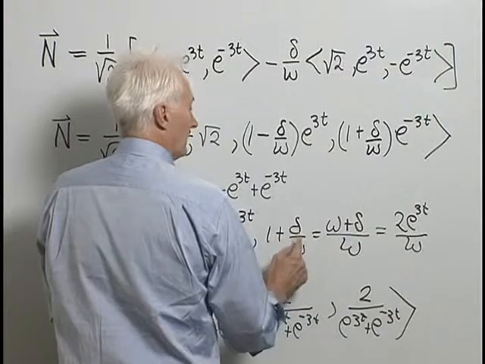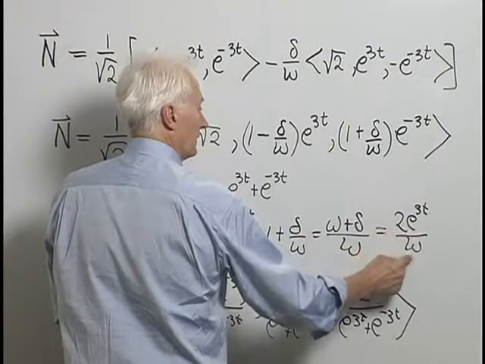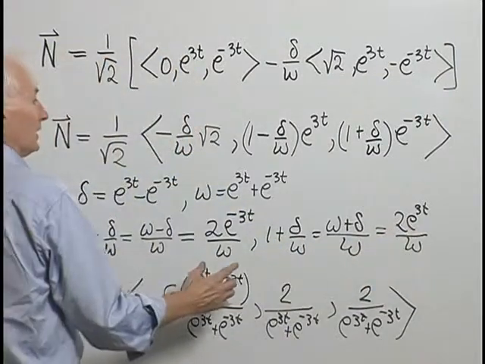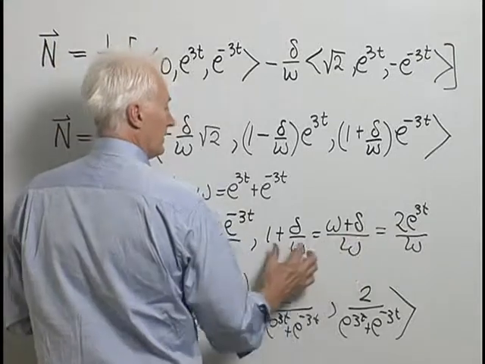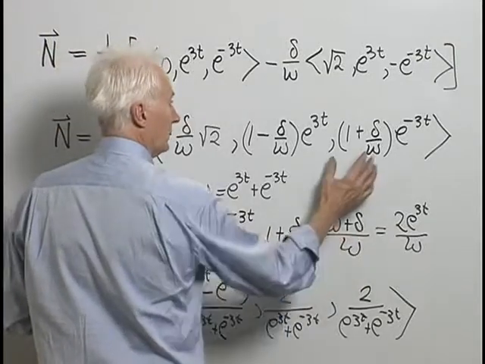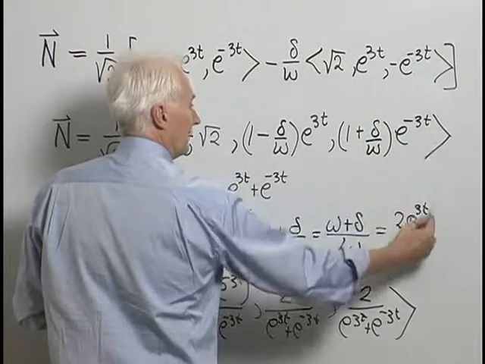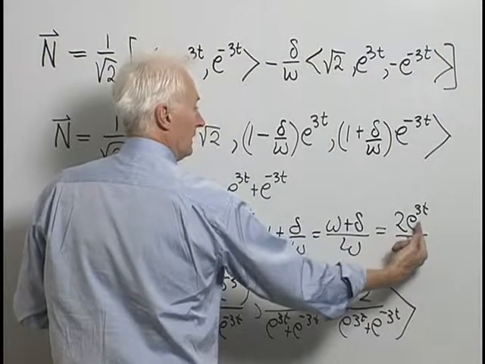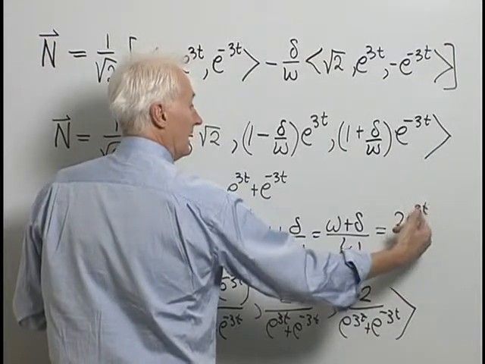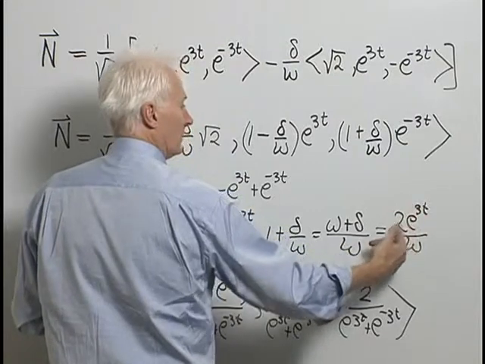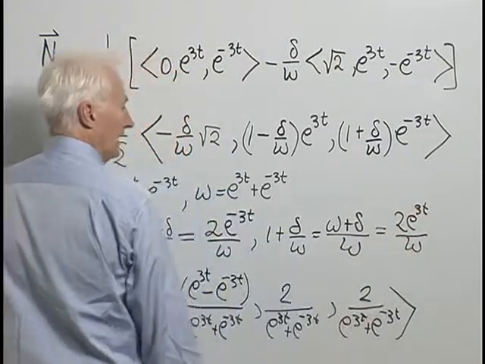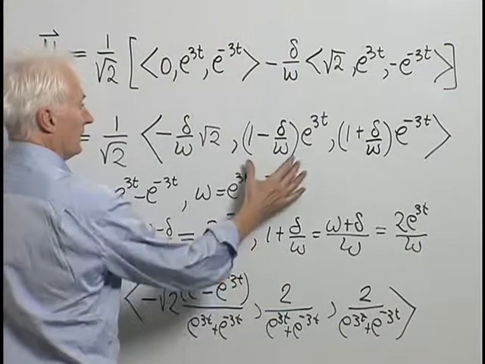So the 1 plus delta over w is 2e^(3t) over w. So now let's go put them in. For instance, the 1 plus delta over w multiplying e^(−3t). If I multiply this by e^(−3t), the exponential terms cancel, and I've just got 2 divided by w.